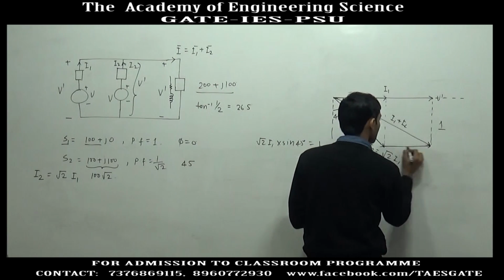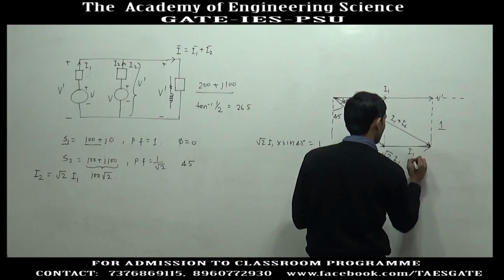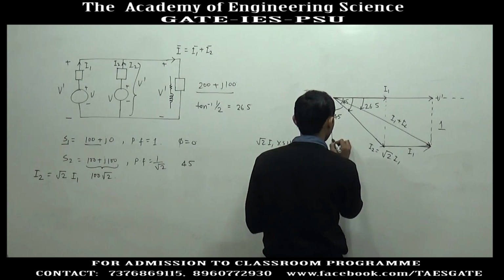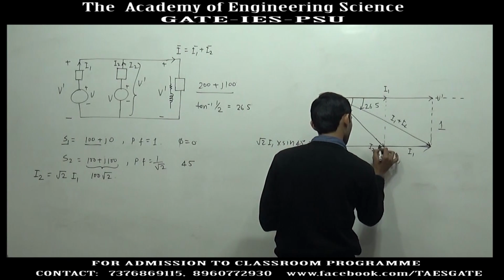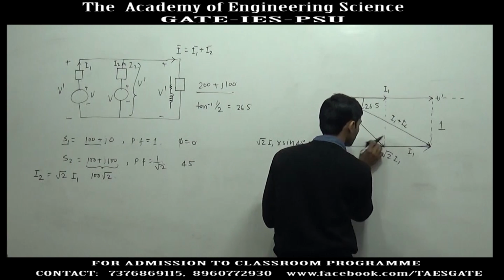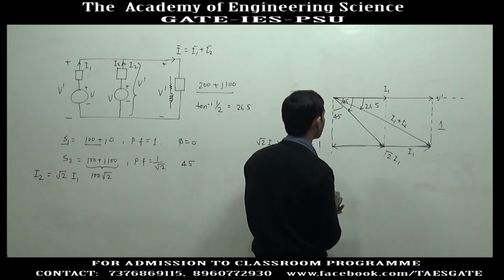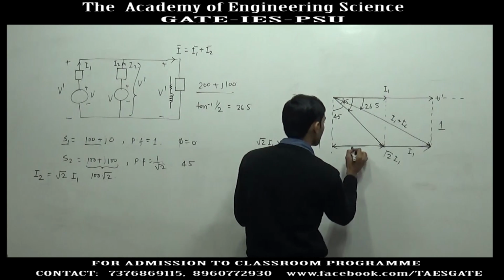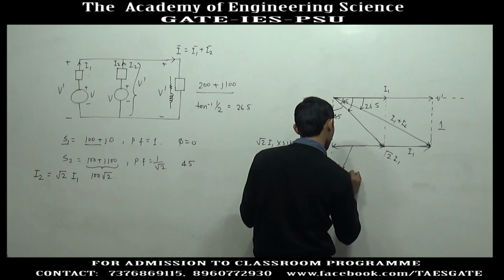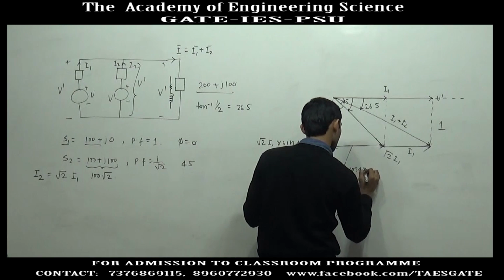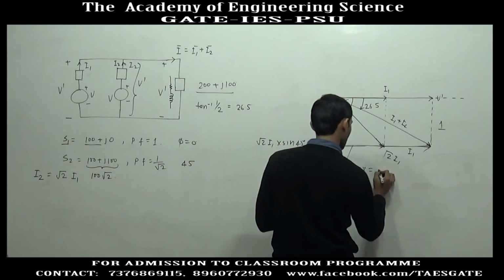This length is I1, and this length will be equal to root 2 I1 cos 45 degrees, which is also equal to I1.